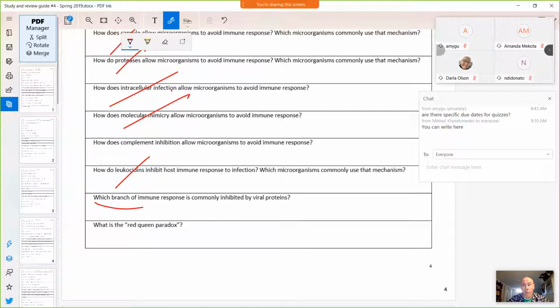Okay? So when a microorganism and a human co-evolve, the evolution drives them to develop new mechanisms just to stay in the same ecological balance. Because you can imagine that for a microorganism, it's not really beneficial to kill all the hosts.